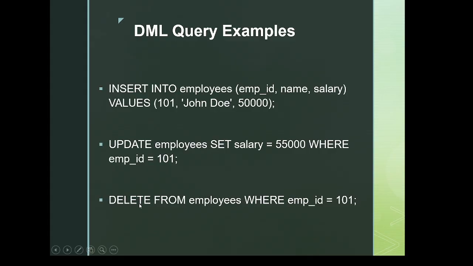We have another DML command, that is delete, which is going to delete the employee whose employee ID is 101. Just keep in mind that these changes are only stored permanently when you use a commit statement. Until then, you can undo them using the rollback.